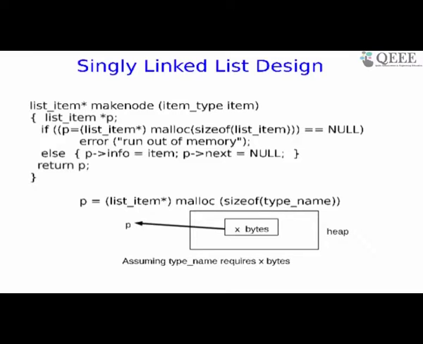Now look at something before that. Malloc is going to return you an address, let's say 4500, and from there 12 bytes are reserved for you. But I want to treat it as a pointer to a box. So what you see on the left of it, in braces, list_item star, is called casting. I got an address, but I want it to be an address of a box, and this is what I force by doing that casting.